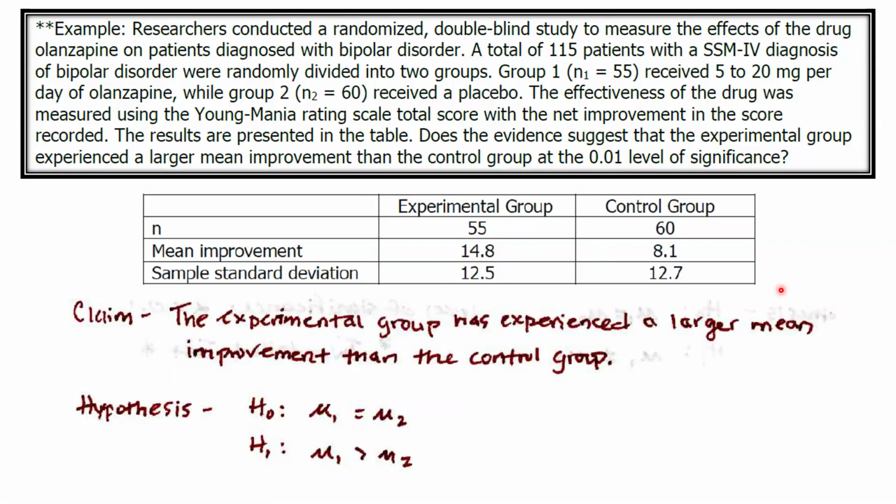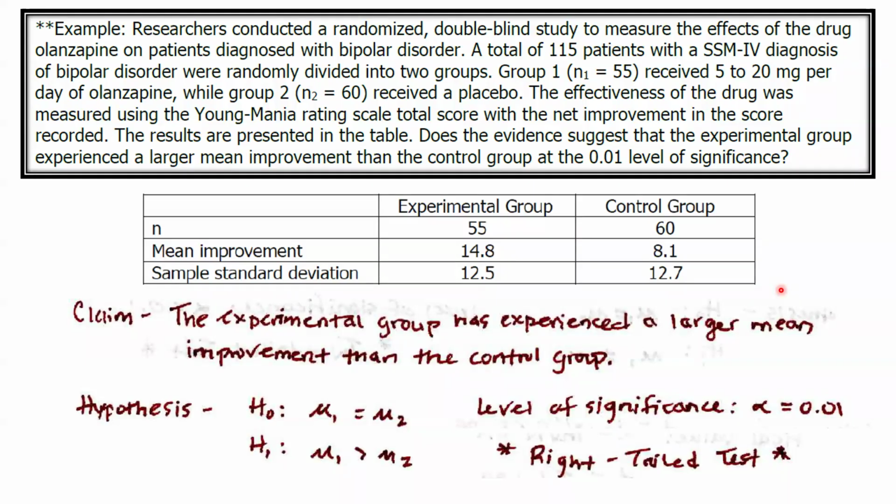Our alternative will be mu1 is greater than mu2. We know it's a right tail test because we are using a greater than symbol. We're asking if the experimental group improved more than the control group, so we would be using the greater than symbol, and our level of significance is 0.01.